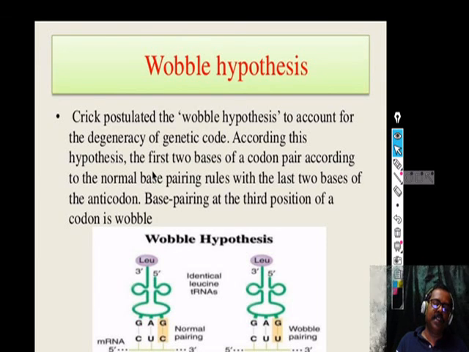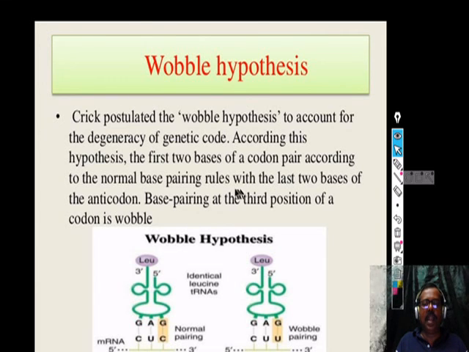According to his hypothesis, the first two bases of a codon pair according to the normal base pairing rules. That is, G always pairs with C and A always pairs with U. These are the complementary bases.